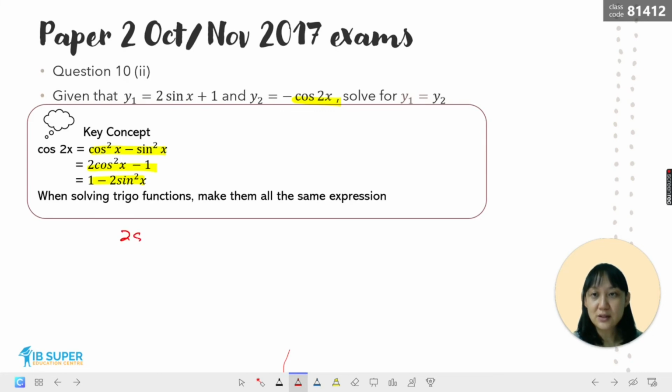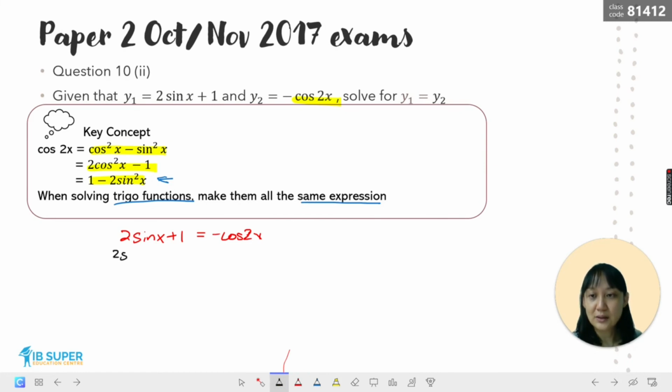Since you have 2 sine x plus 1 equals negative cos 2x, it's better to make everything the same trigo function in the same expression. So it's best to choose the third one so that everything will be in terms of sine.